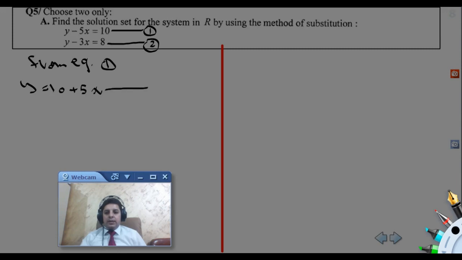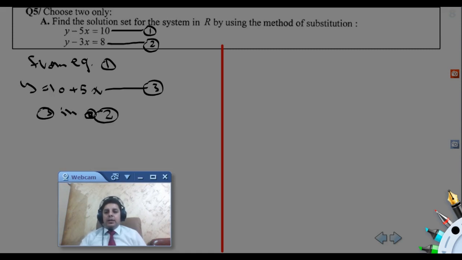That is named equation 3. By substituting 3 in 2.